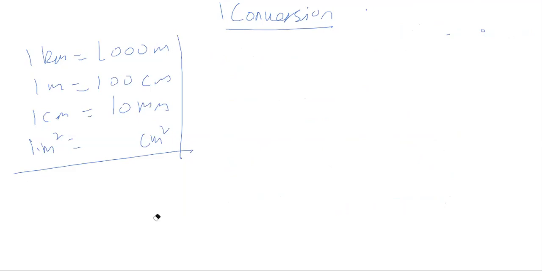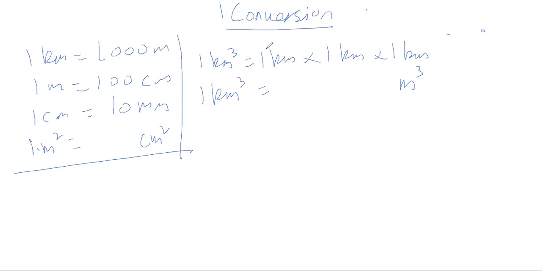Okay. Now cube means 3 times. Square means multiplying each other 2 times, and cube means 3 times. So 1 kilometer cube is basically equal to 1 kilometer multiplied by 1 kilometer multiplied by 1 kilometer, right? Now I'm asking you to find 1 kilometer cube is equal to how many meter cube?